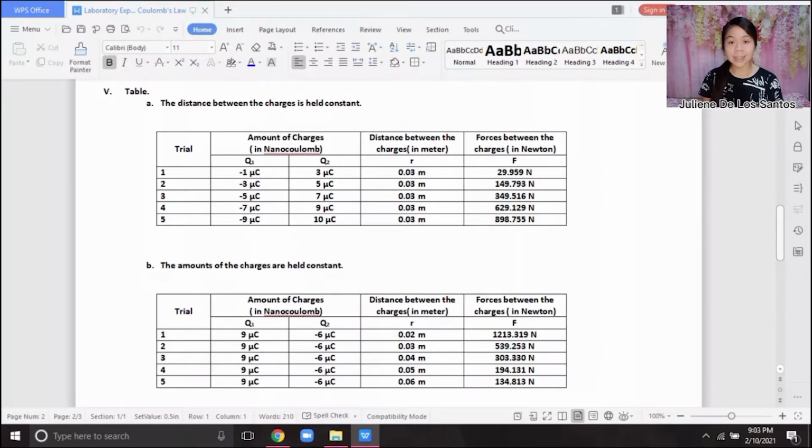For our second table, it indicates that if the given set of values of charges is constant, then the distance between the charges in meters and the force between the charges in Newtons are inversely proportional. If the distance between the charges increases, the force between the charges decreases.